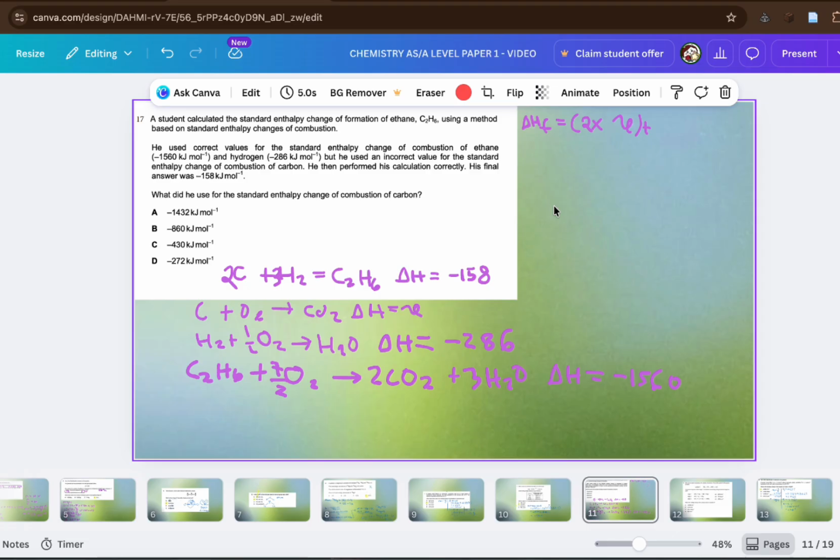So it will be 3 multiplied by negative 286. Let's make that a bit smaller.